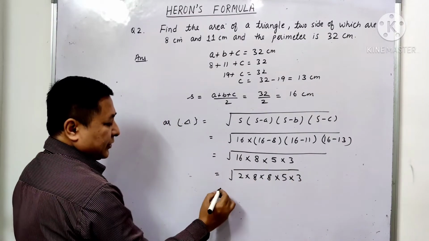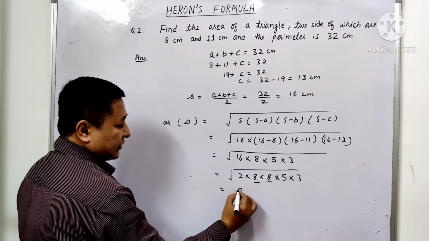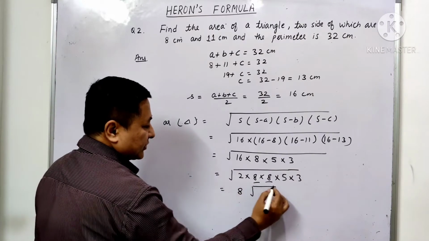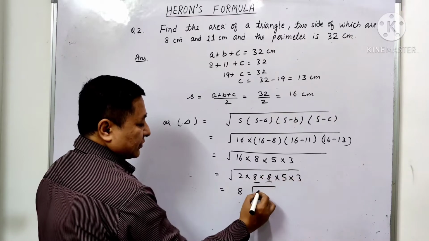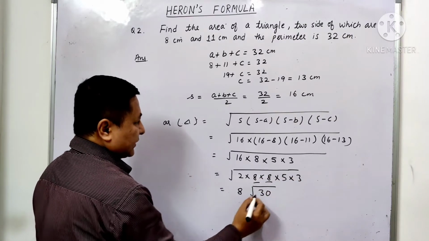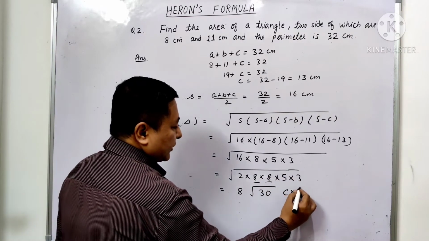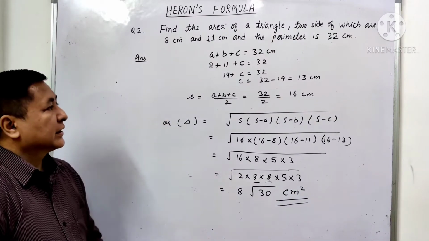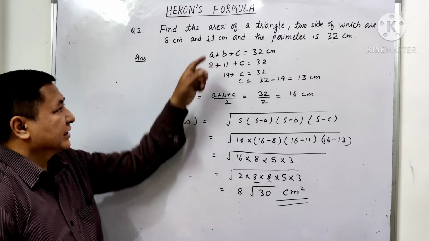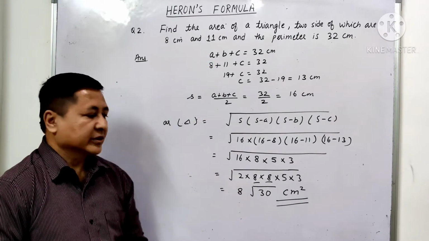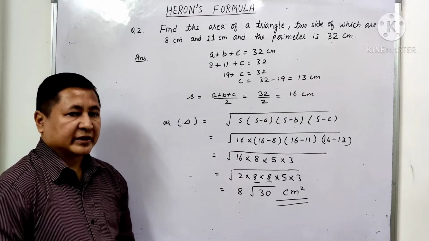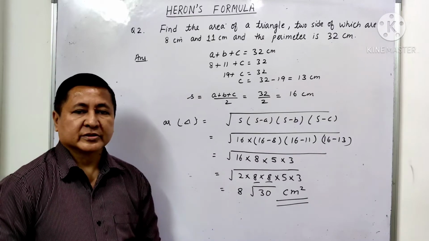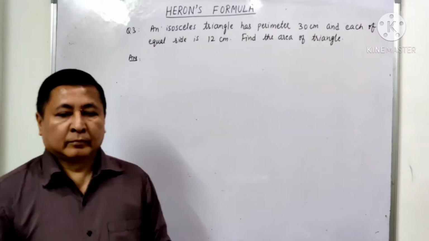So we will make the pair of 8. So this will come outside as 8, and the remaining thing is 2 into 5 into 3, that is 30. So the answer is 8 root 30 centimeter square. So if the triangle has sides 8 centimeter and 11 centimeter and the perimeter is 32 centimeter, then the area of the triangle will be 8 root 30 centimeter square.